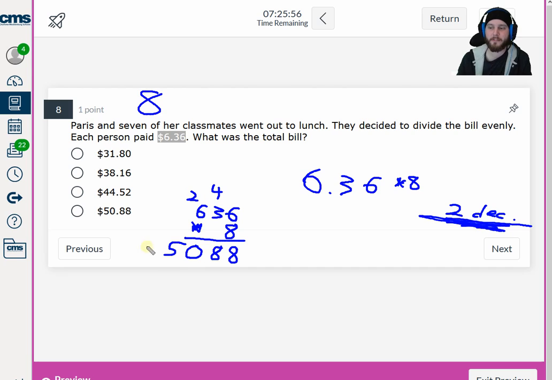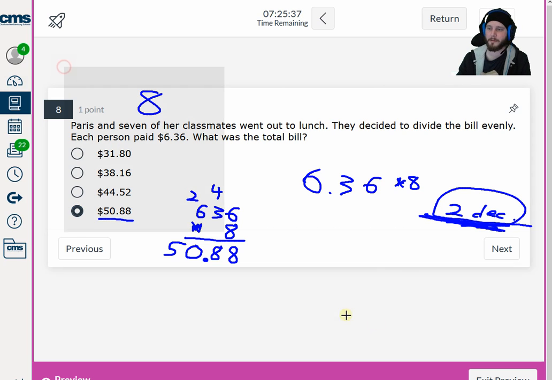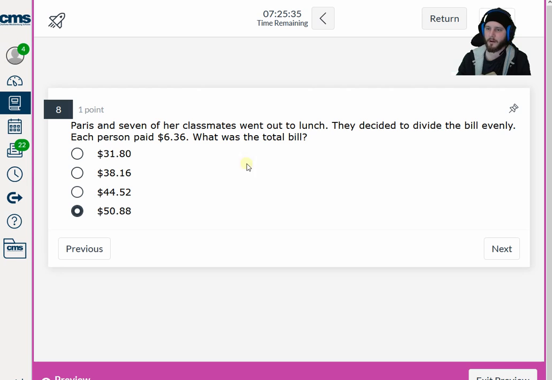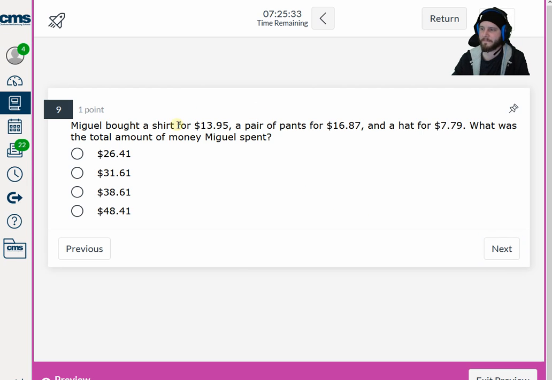And based on the numbers, you already know what the answer is going to be. Here's how you can tell where the decimal is supposed to belong. We wrote down earlier, there are 2 total decimal places. That means my answer should have 2 total decimal places. That's how you can find out if this wasn't a multiple choice problem. We're going to go ahead and move to number 9.